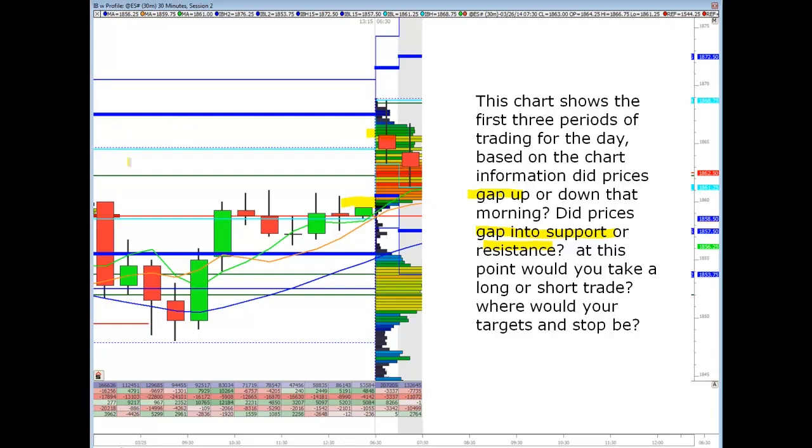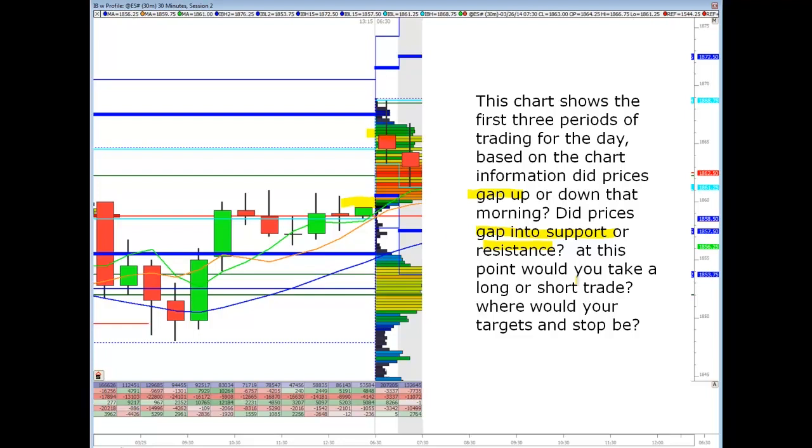Certainly on your charts you will have it, but I wanted you to be aware that when you don't have that information, it is a disadvantage, and that it is very helpful to always look to the left. So in this case, the answer is simple. We don't know if we gapped into support or resistance because we don't see what was going on at that price range where we just jumped into last.